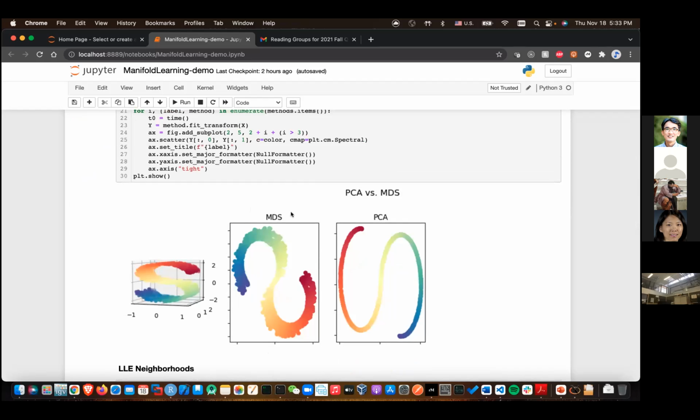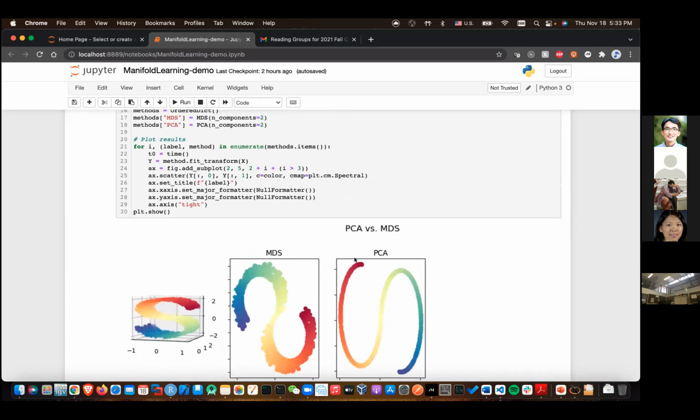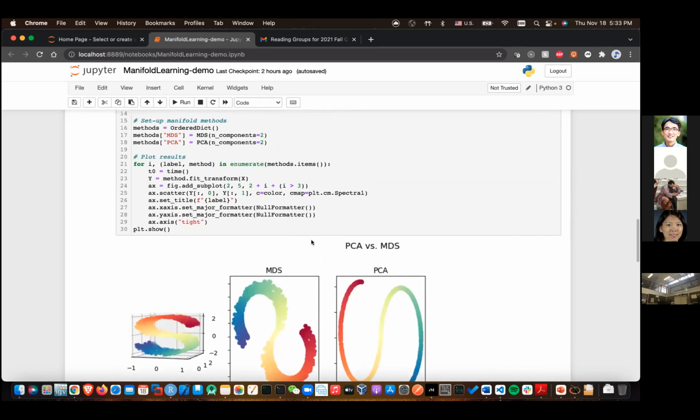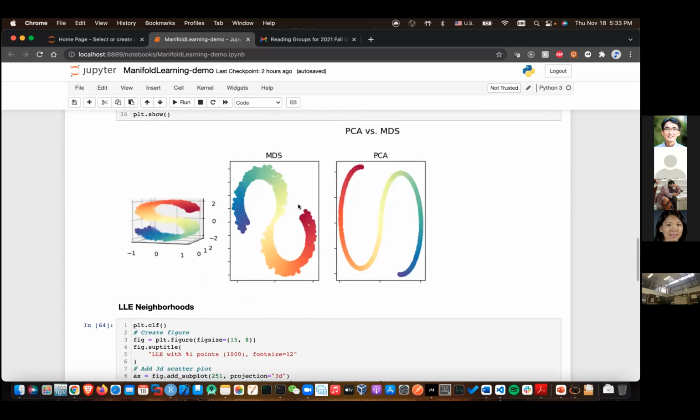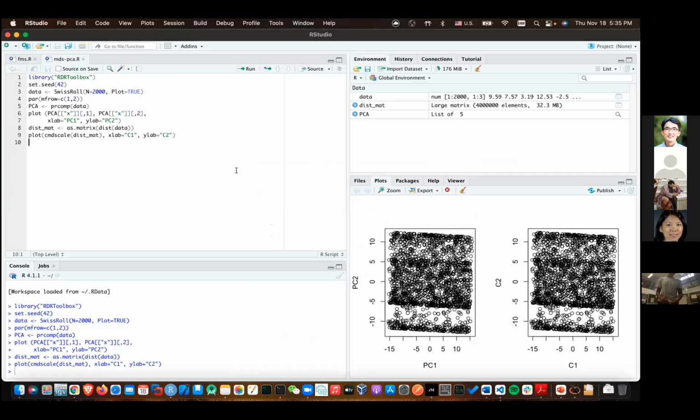If you use the scikit-learn library to compute PCA versus MDS, they actually look quite different, because it turns out the MDS algorithm in scikit-learn is not exactly using SVD. It's using an iterative algorithm that looks like an algorithm I'm going to cover later. However, in R, they use SVD.